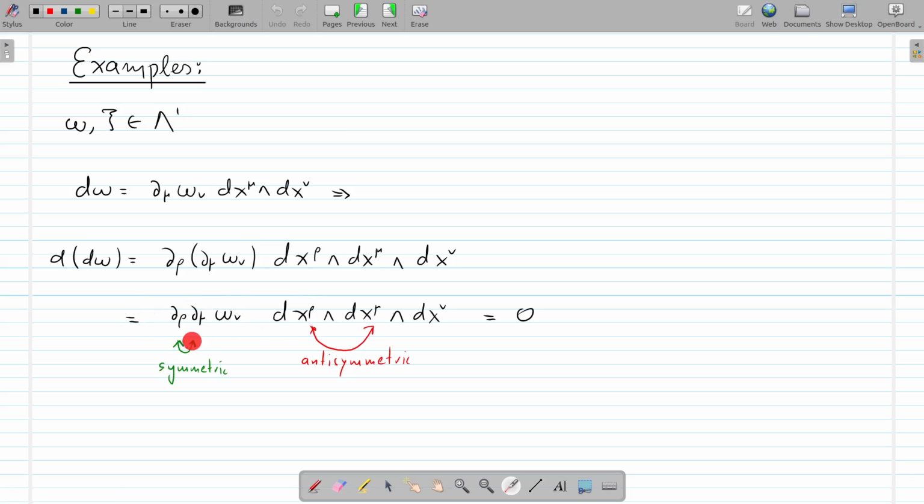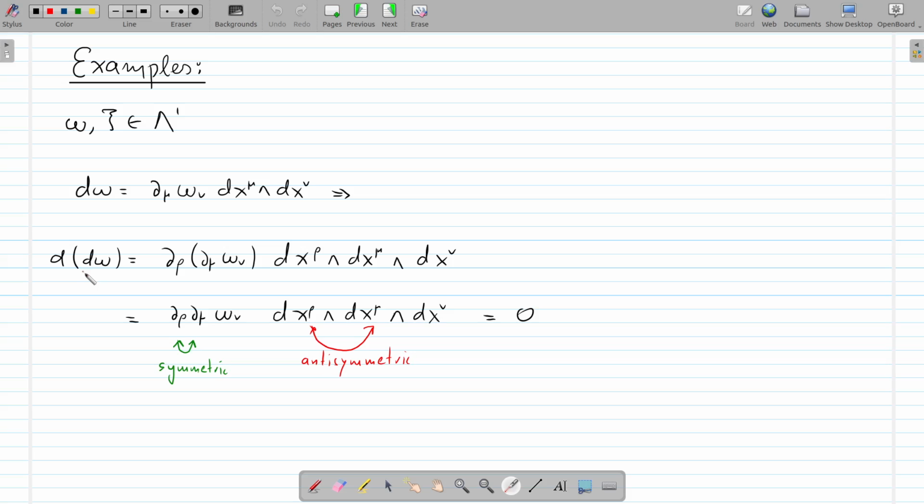But this is nothing but the second derivative of omega, which we always assume is symmetric under the change of the order of the derivative taking. And because dx rho and dx mu are antisymmetric with respect to the change of their position because of the antisymmetry of the wedge product, this will necessarily give us 0.